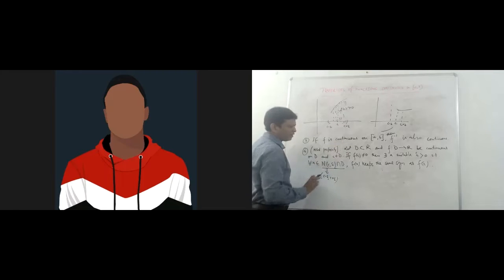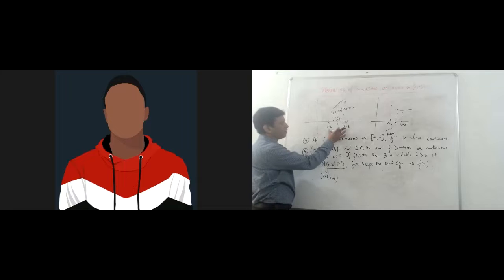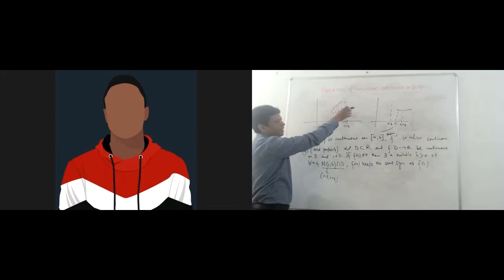So will you explain this once again? Yes. This is the neighborhood property. N(c, delta) is this interval. f(c) is the height at c. If you take any point x in this interval, f(x) will be positive, and it gives the same sign as f(c).